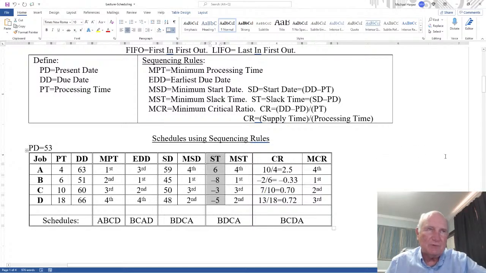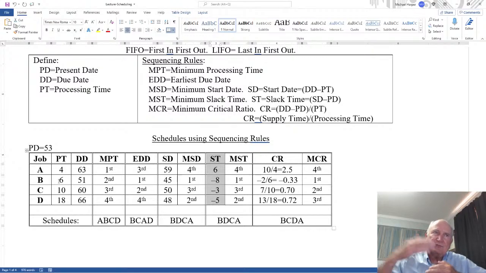Well, let's interpret the slack time. Since I'm subtracting the present date from the start date, and notice 59 minus 53 is 6, that means the present date is 6 days before the start date happens. So I am 6 days ahead of the start date. If I start on the present date, I'll be 6 days early.